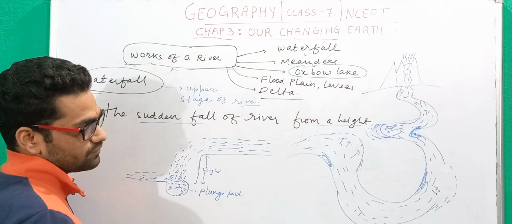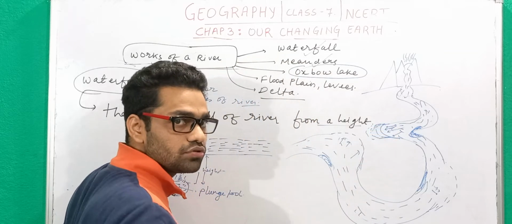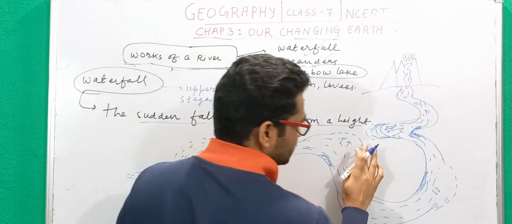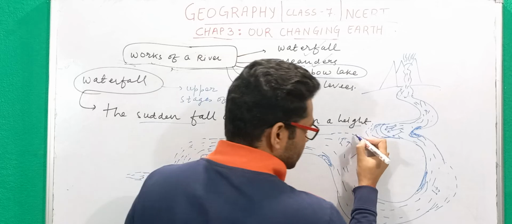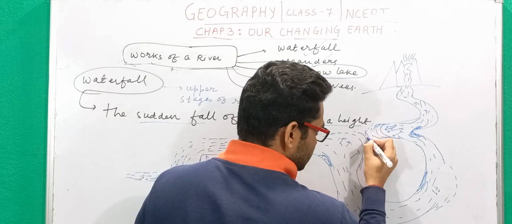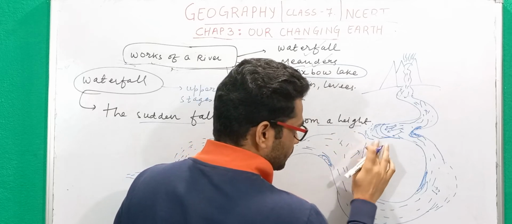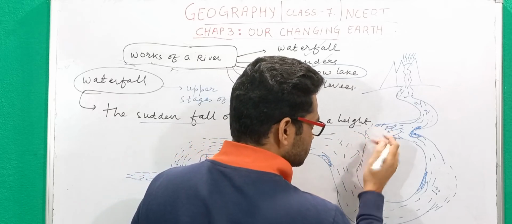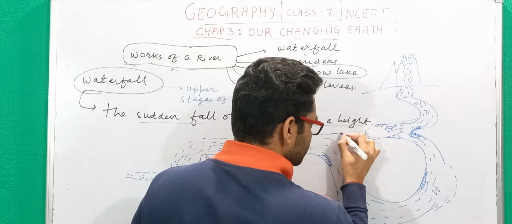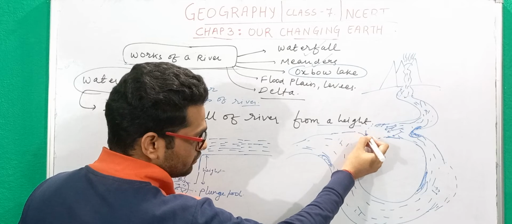Over a period of time this erosion of banks goes to that extent that these two banks will come so close to each other that a very narrow strip of land is now left.